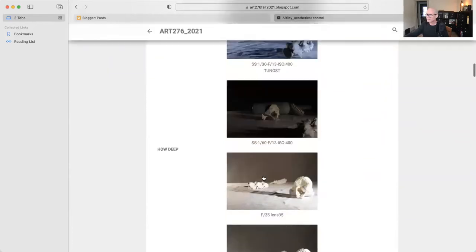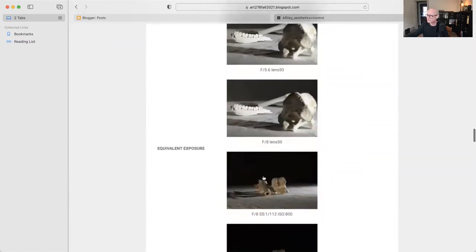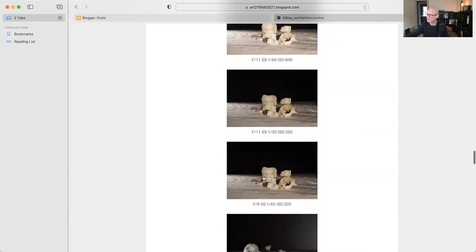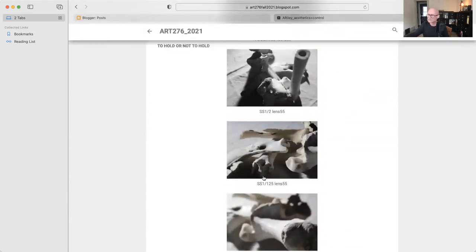Here we have the how deep. We'll talk about that once we get to there. The equivalent exposures is basically sort of like a little math problem.